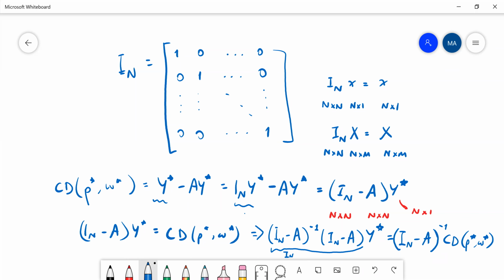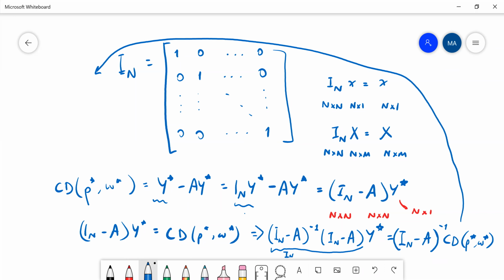Okay. So then I have y star equals (I_n minus A) inverse, consumption demand, p star, omega star.